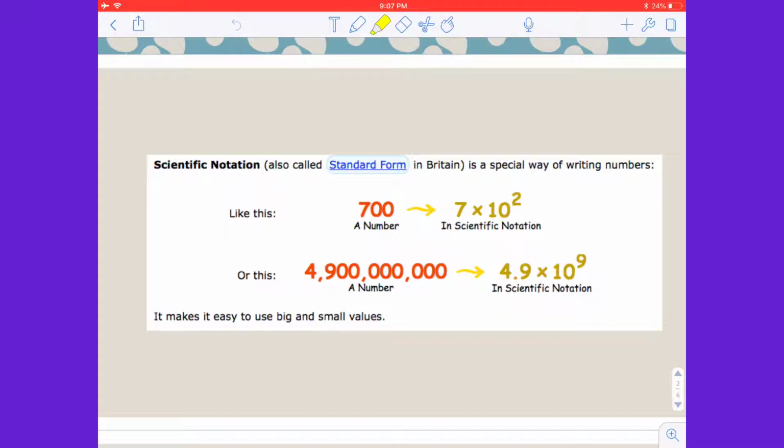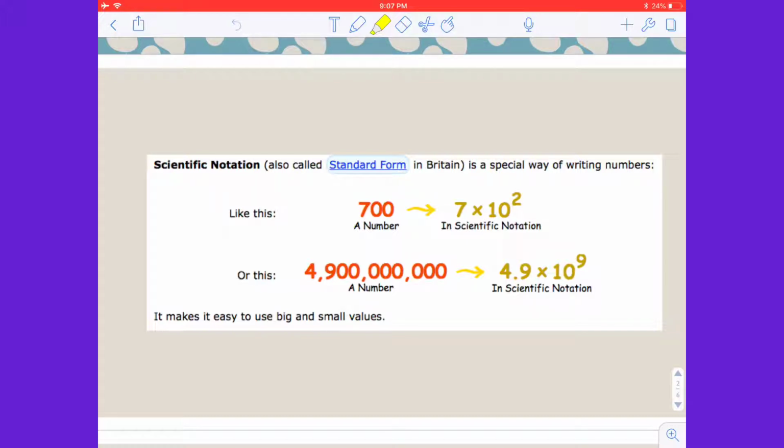Same thing with this 4,900,000,000 number that's below the 700. If I count up those zeros, there's 1, 2, 3, 4, 5, 6, 7, 8. Now, if you'll notice in scientific notation, we have times 10 to the 9th. The reason why is because we actually moved the decimal between the 4 and the 9 as well.